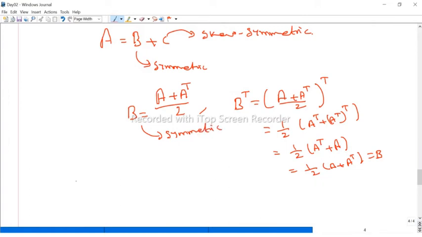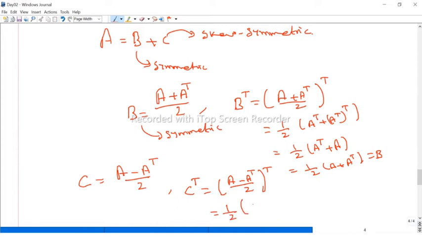Now, if we take C equal to A minus A transpose by 2, this C is a skew symmetric matrix. Why? Because we find C transpose, which is A minus A transpose by 2 whole transpose. Again, 1 by 2 is a scalar, so you can take it outside and apply the property: A transpose minus A transpose transpose.